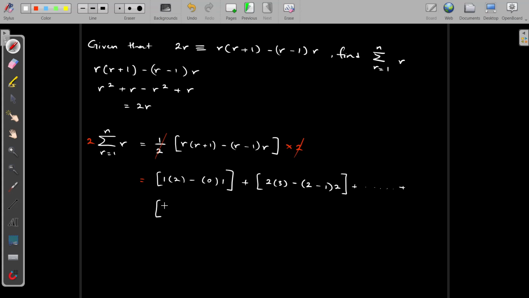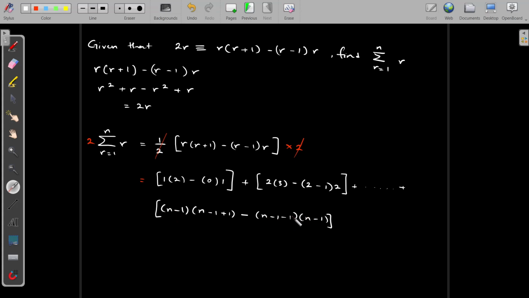When r is equal to n minus 1, we're going to have n minus 1 times n minus 1 plus 1, minus n minus 1 minus 1 times n minus 1. So you see how we get this one? This is when r is equal to n minus 1. So replace all these r's with n minus 1.